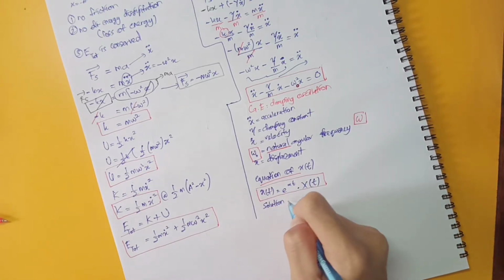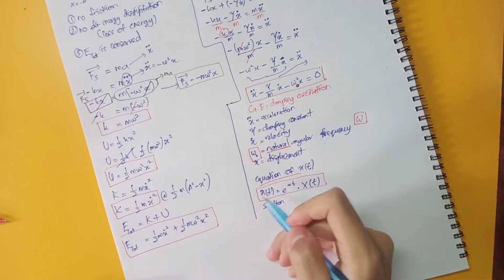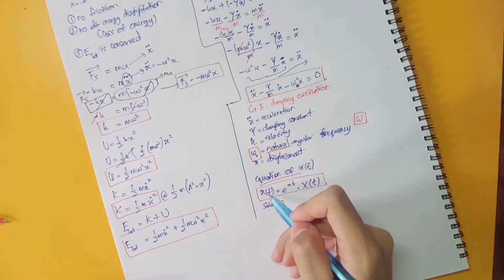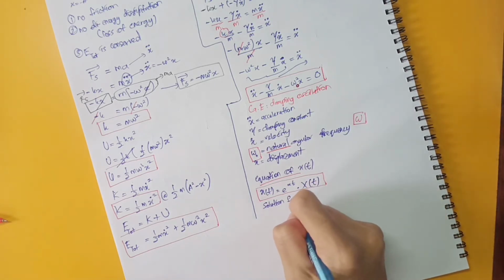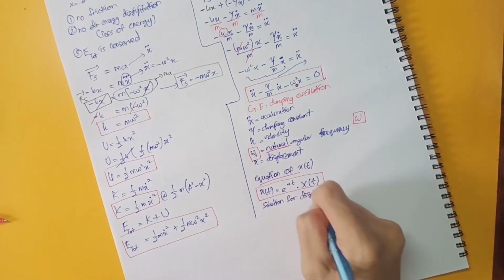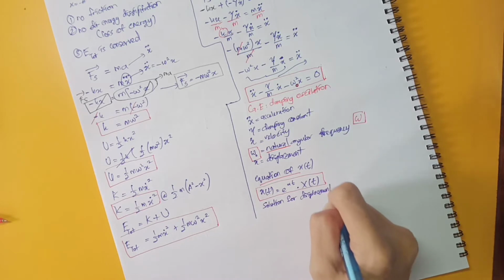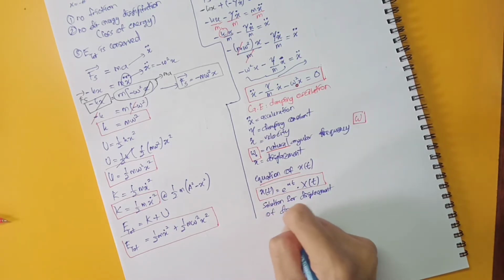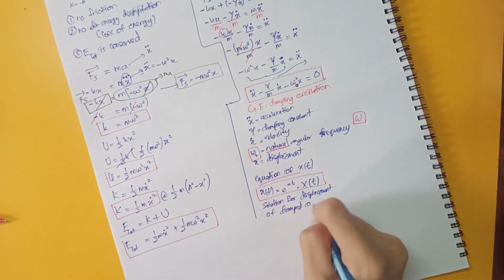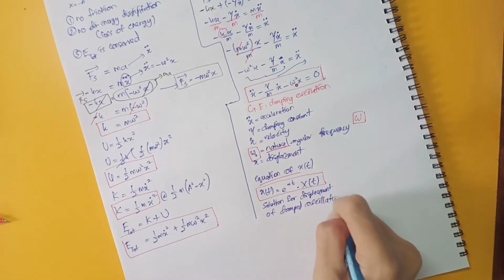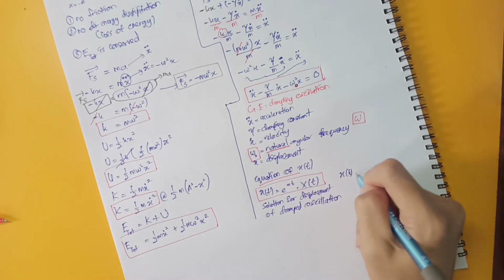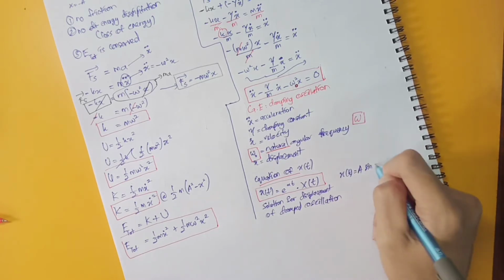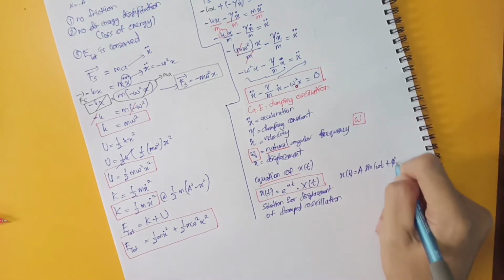This is the solution of the displacement for the damped oscillation. Here I'll do some comparison. x(t) is equal to A sine omega t plus phi naught.